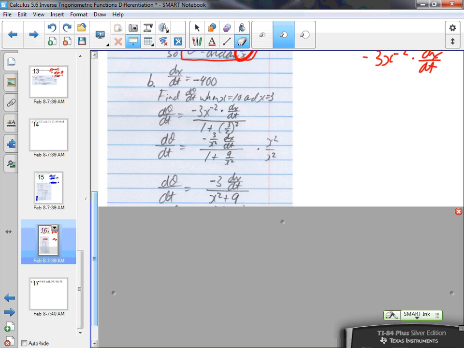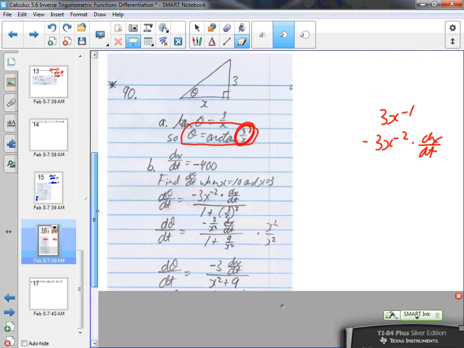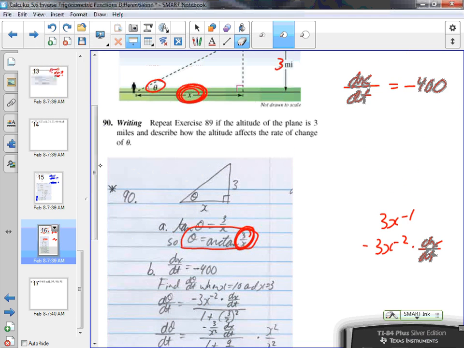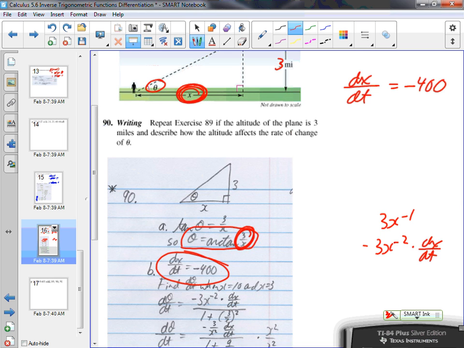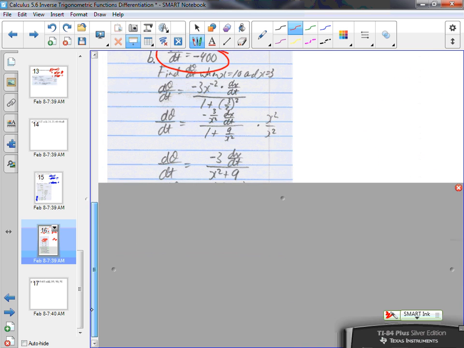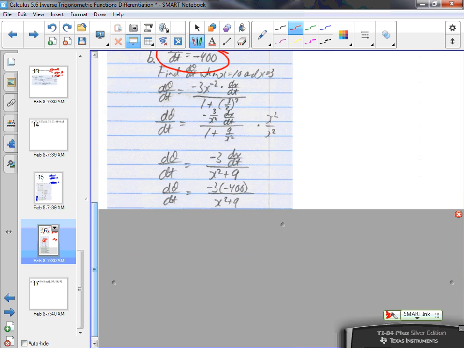All right. Oh, got it here. We know what dx/dt is. So replace dx/dt with negative 400. How do we know that? They told us.